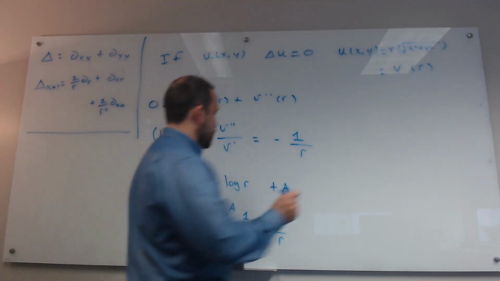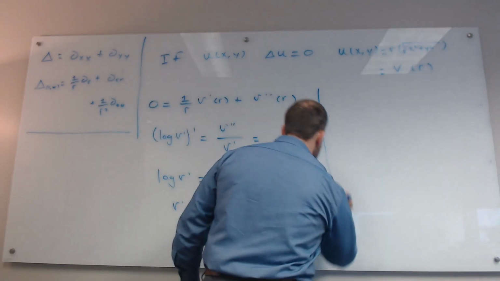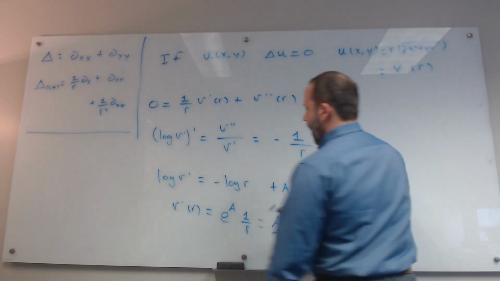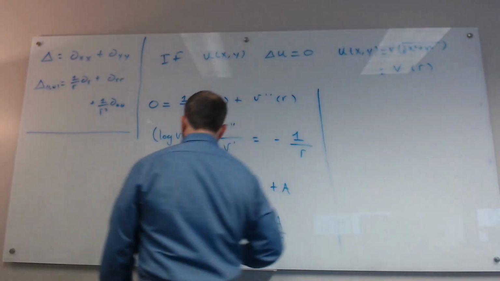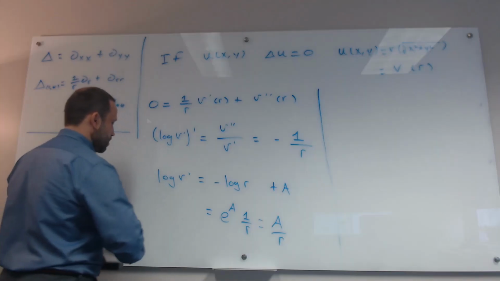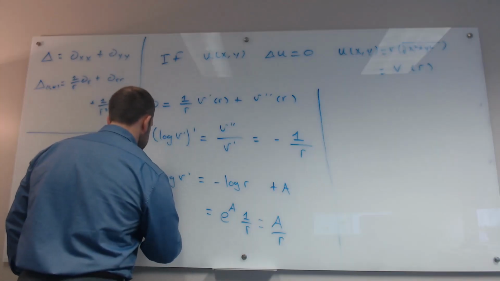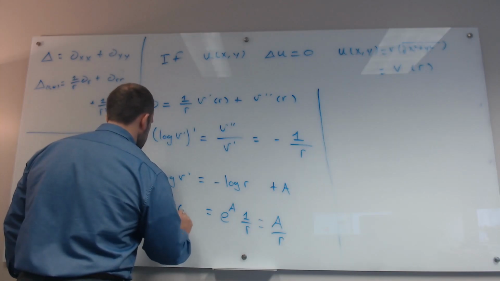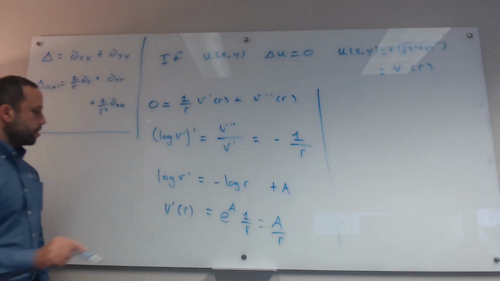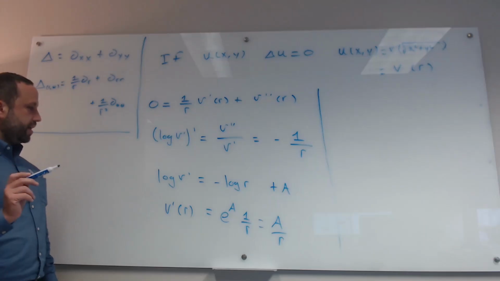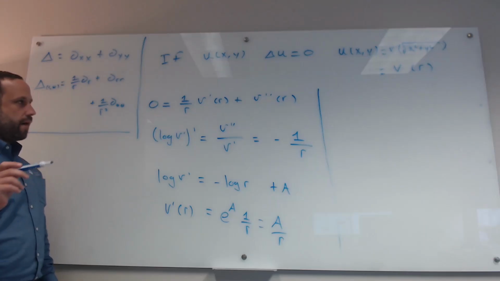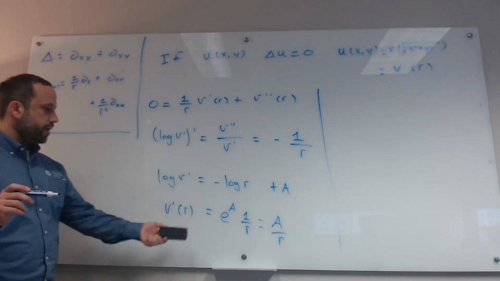Well, I don't care about v prime of r so much. I care about v of r. So if I anti-differentiate this, and I realize this is sort of a great injustice to you, in order to make my v primes look less like u's and more like v's, they end up looking more like my r's. So this is v prime of r is equal to a over r.